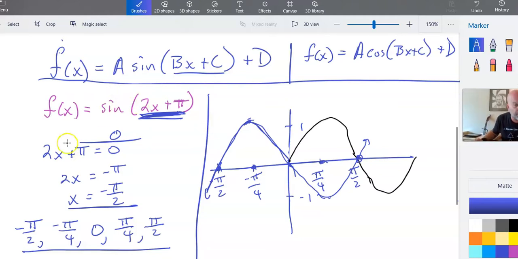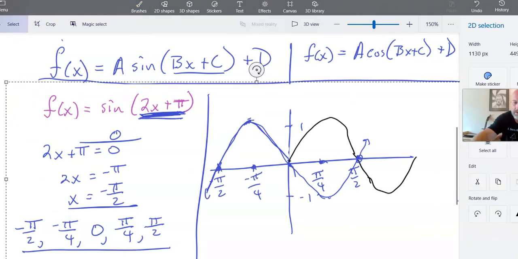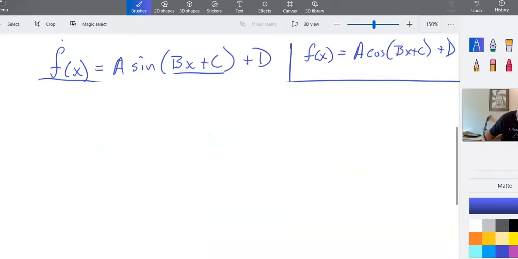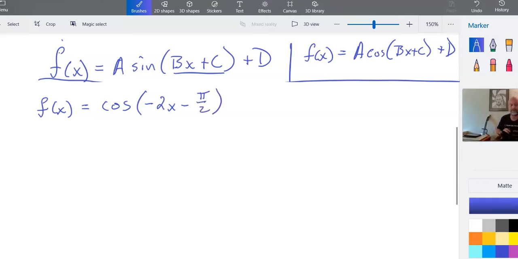Okay, so here's what I want to do. I'm going to give you another one, and I want you to try this one, and then we'll graph it together. Okay, so let's say f of x is equal to cosine of, let's make this interesting, negative 2x minus pi over 2.